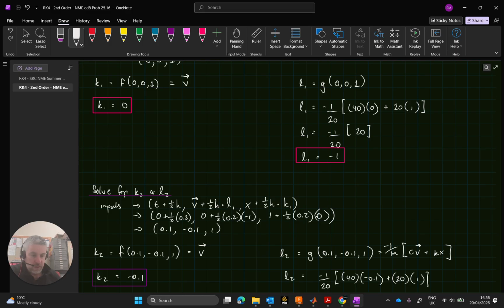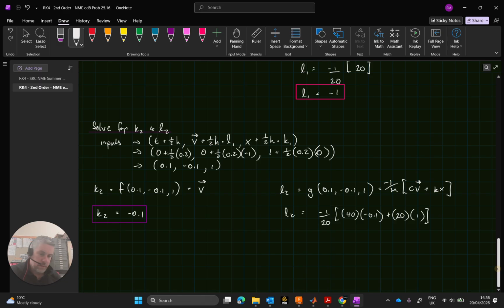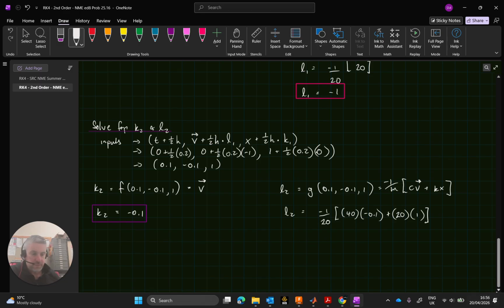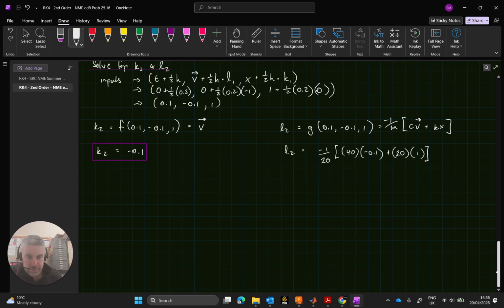So there are no T inputs in either of these equations. Okay, let's go on down and see, can we figure this one out? L2 is equal to minus 1 over 20. Let's open up a bracket. 40 multiplied by minus 0.1 is equal to minus 4, plus 20 multiplied by 1 is 20.